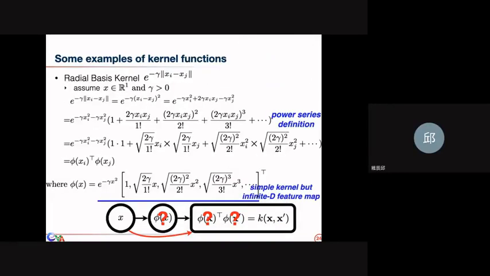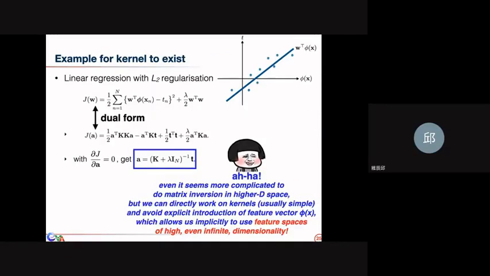Usually, for example, the radial basis kernel is really simple to compute. We can avoid explicit introduction of the feature vector, which allows us to implicitly use a feature space of high, even infinite dimensionality.